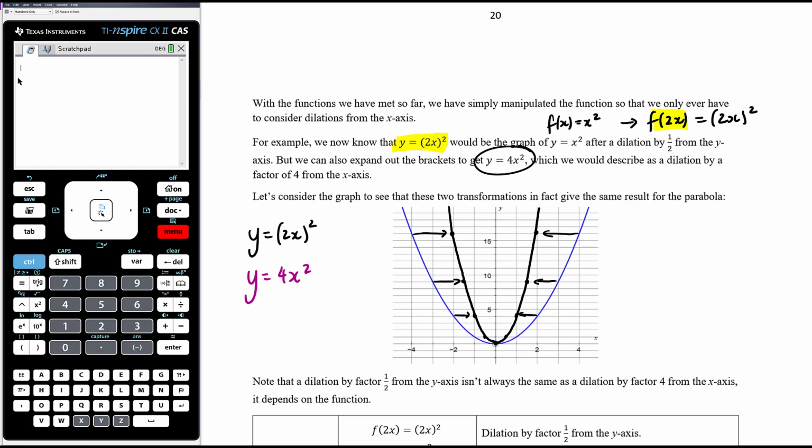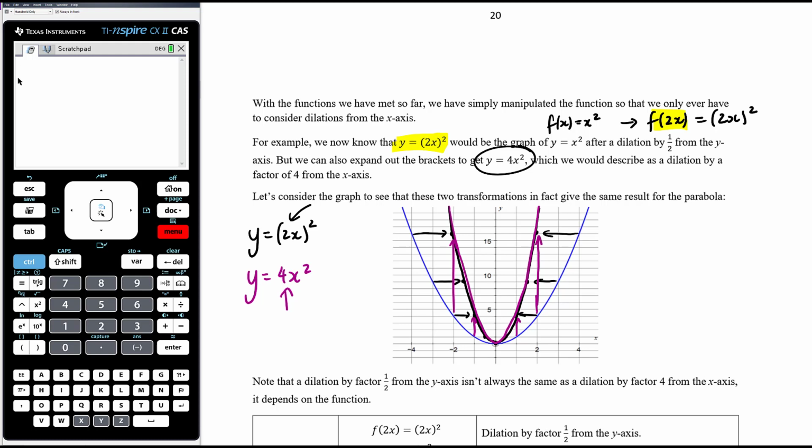So if we dilate each point by a factor of 4 from the x-axis, we're actually getting the same graph. This graph is also y equals 4x squared, which makes sense, they're the same function. But here we would think about it as a dilation by a factor of 4 from the x-axis, and here we would think about it as a dilation by a factor of a half from the y-axis.